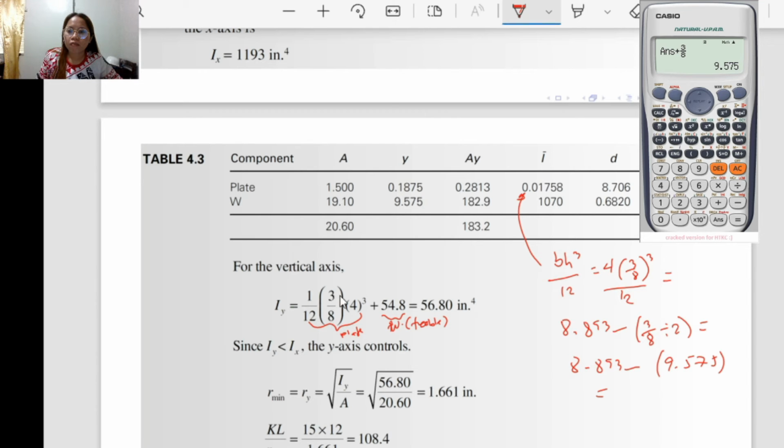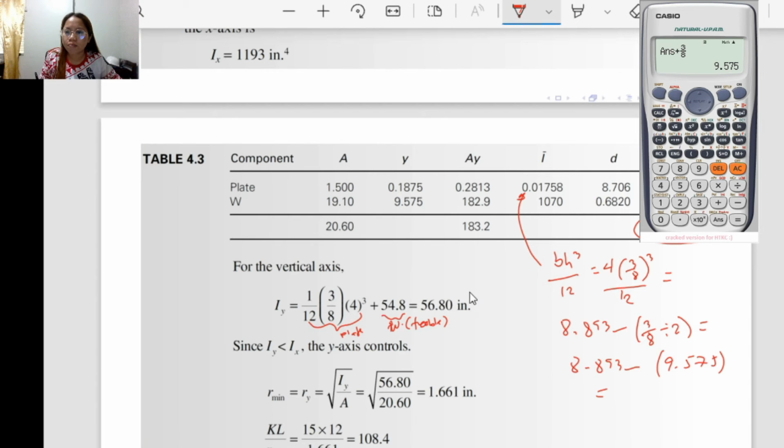So, going back, what you can use as your base is the thickness, and the width becomes the height, no? Divided by 12. So, BH cube over 12 plus this moment of inertia along y-axis of the W18/65 from the table. Then, compare, no? This is the moment of inertia at x-axis, which is equal to 1,193 for the whole component.